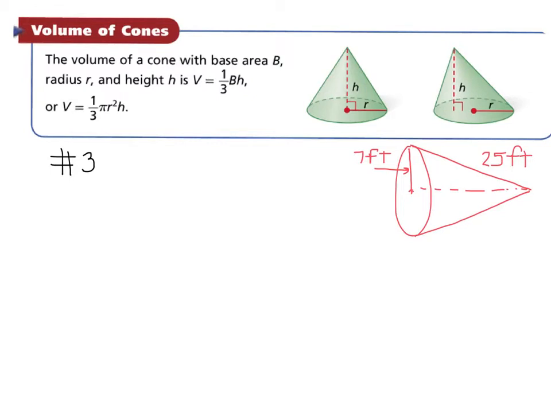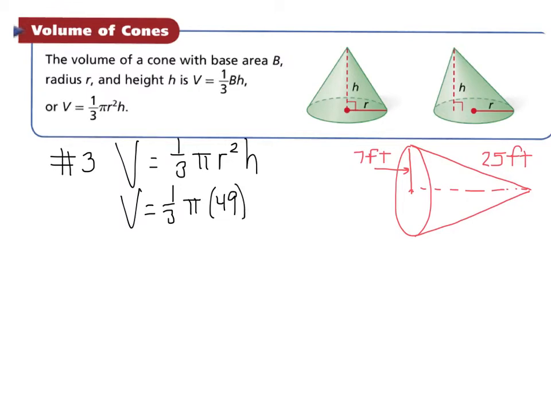All right, so if you did it correctly, we would use 1/3 pi r squared multiplied by the height. Well, 1/3 multiplied by pi, the radius is 7, so multiplied by 49. Now the height, you'd have to use the Pythagorean theorem for. If you did that, the height would give you 24.